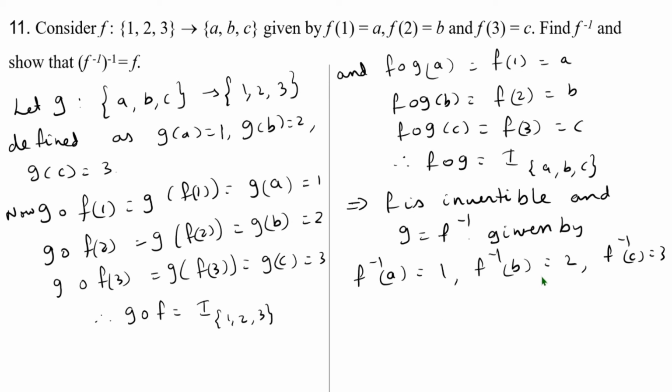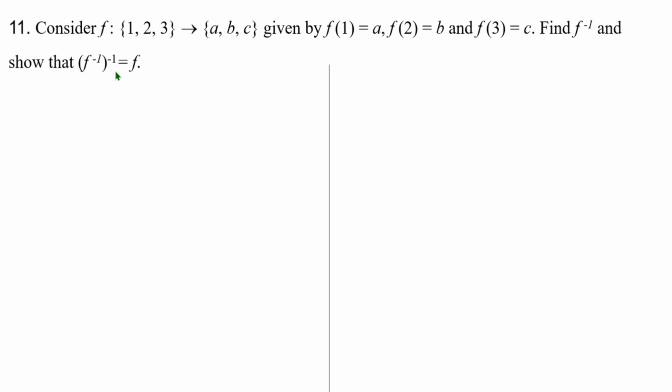Now, we have to find F inverse, the whole inverse, and we have to show that it is equal to F. So, let me continue. To find F inverse, the whole inverse: F inverse, the whole inverse, is nothing but G inverse.